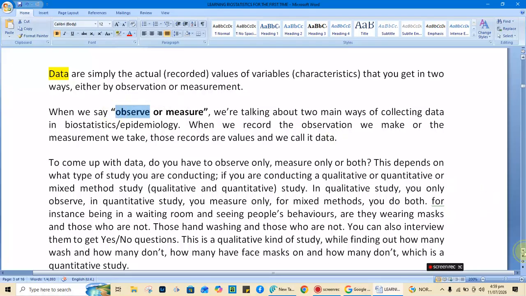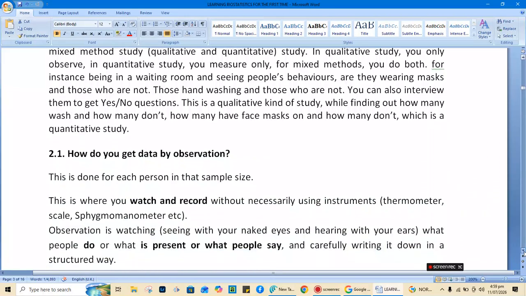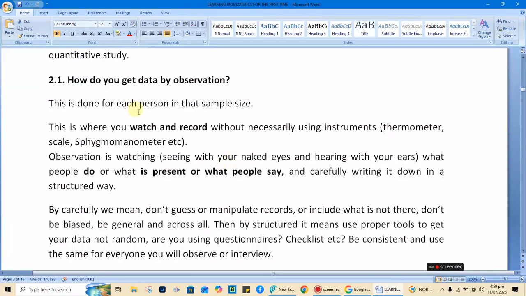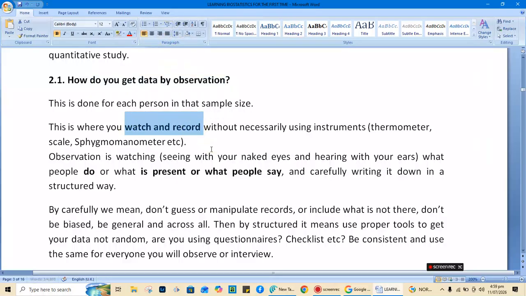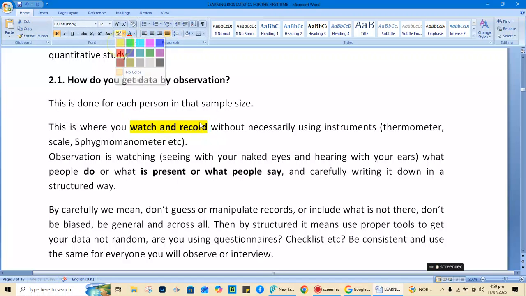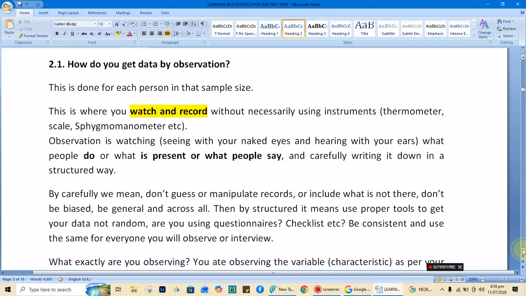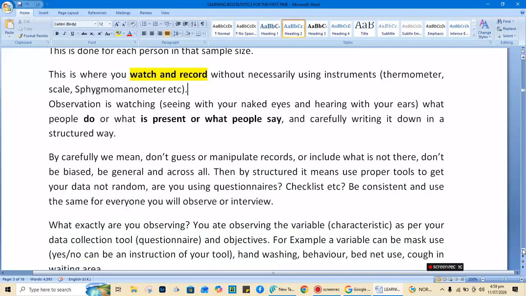We're going to see that in just a moment. So how do you get data by observation? You get it through watching, sitting and using your eyes to watch what people are doing. You record that data. It depends on the questions you've put in your questionnaire.